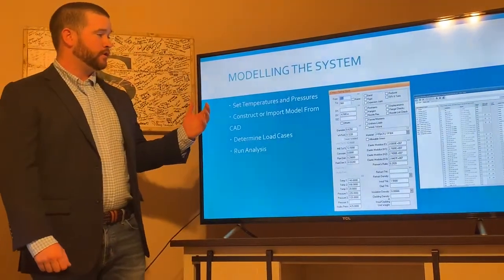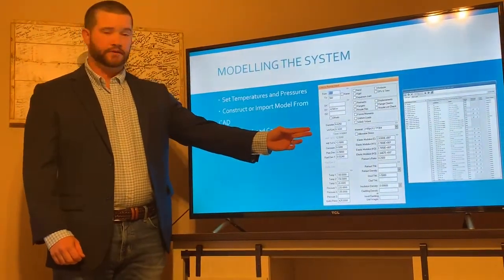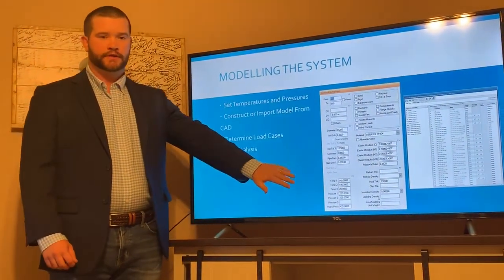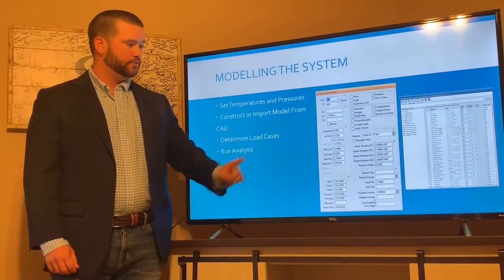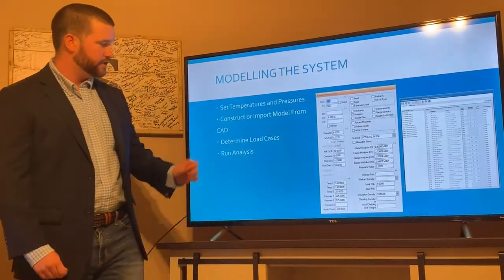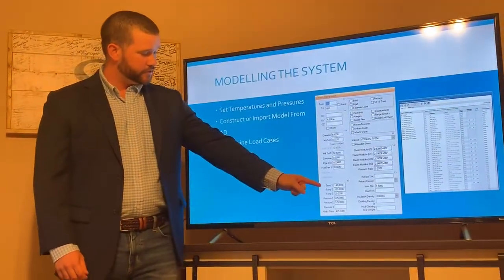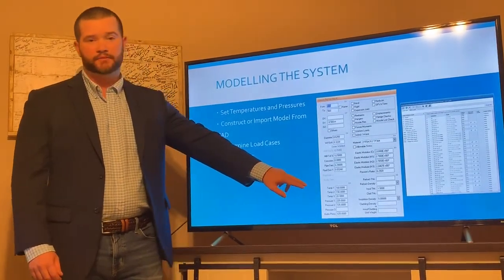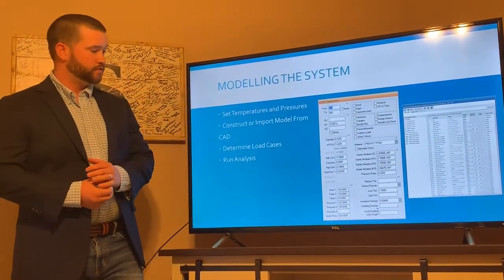When you first start a model, you're going to see your input screen here, and this is where you set all of your parameters, and then you actually build your model and you input dimensions. So first thing you want to do is set your temperatures and pressures, your operating temperature and your design temperature, and your pressures as well.